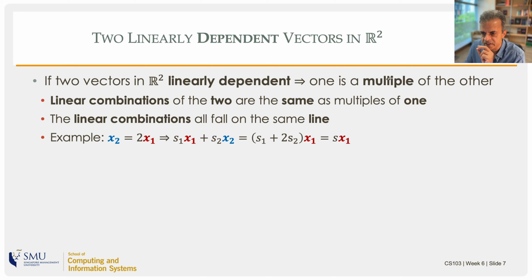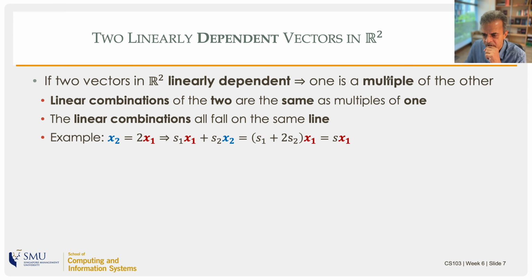If you have two vectors that are linearly dependent in R2, one is a multiple of the other, the linear combinations of these two are going to be the same as multiples of either one of them, because one is already a multiple of the other one. All linear combinations for that reason will fall on the same line.